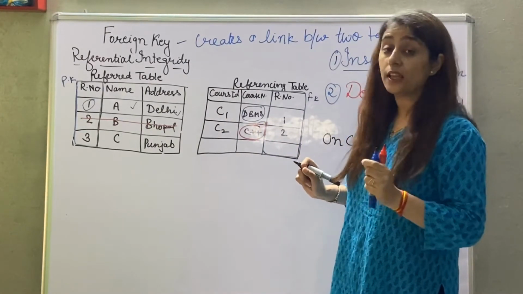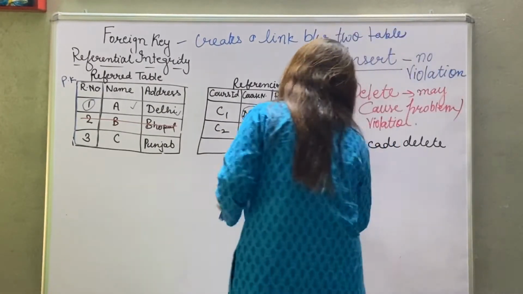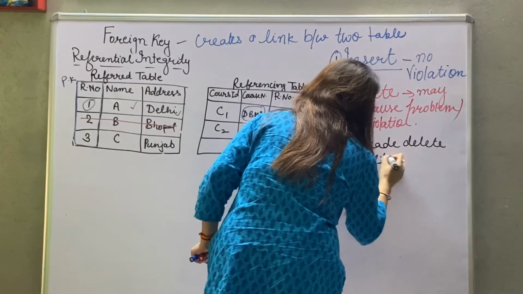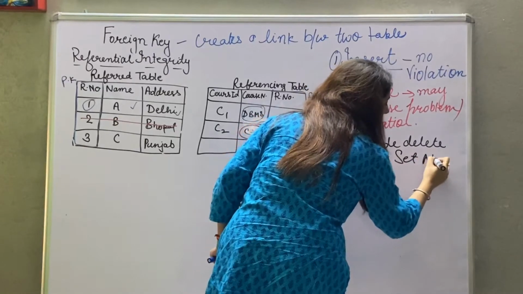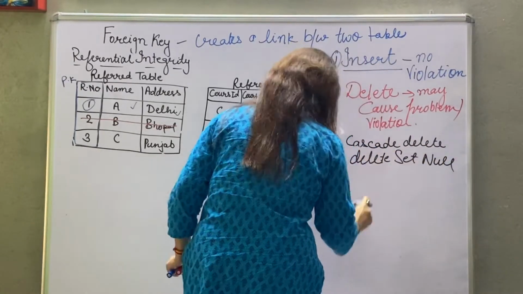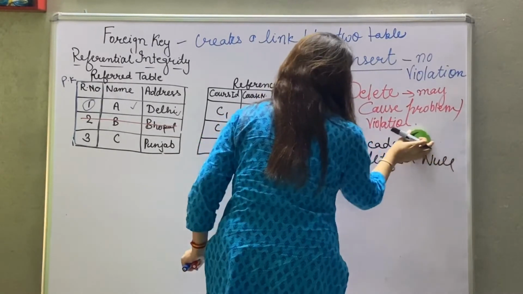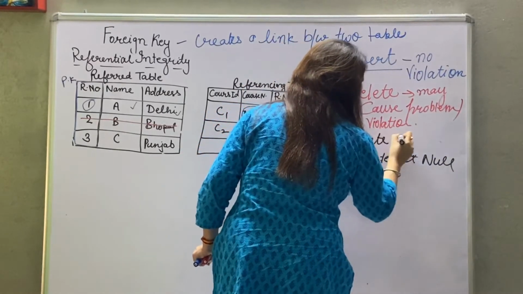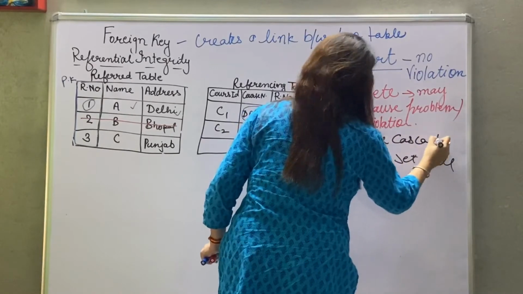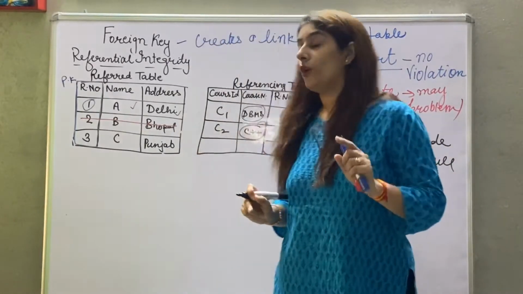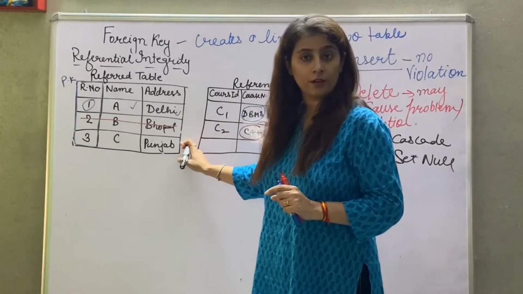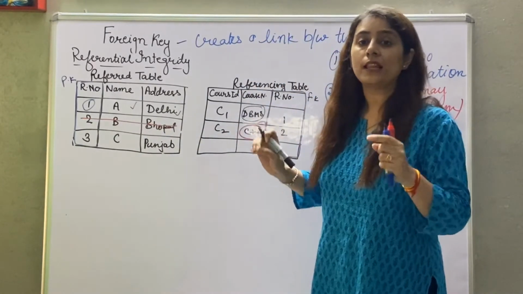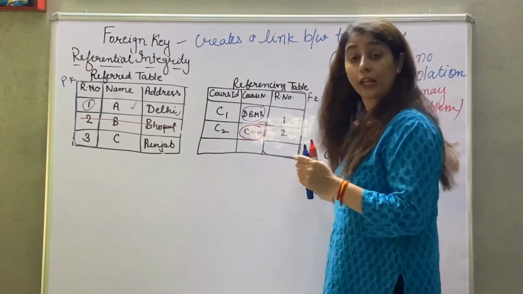Now the another thing is on delete set null. Means if you are deleting this entry from the base table, then it will set the null value in the other table.